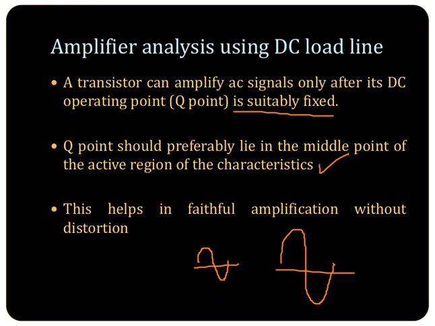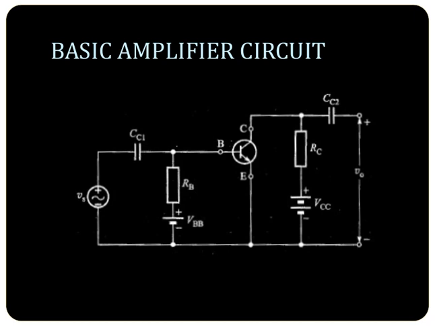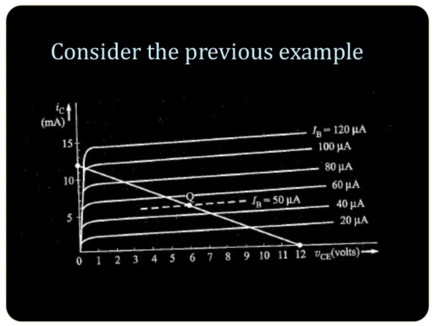For that, again consider this basic amplifier circuit. Now the quiescent condition is set. You know the operating point, and then you are applying this voltage signal at its input. We should see what happens to the output, whether it is amplified faithfully. For that, consider the same previous example, and assume you are applying Vs equal to 7 millivolt, the RMS value of the input signal.